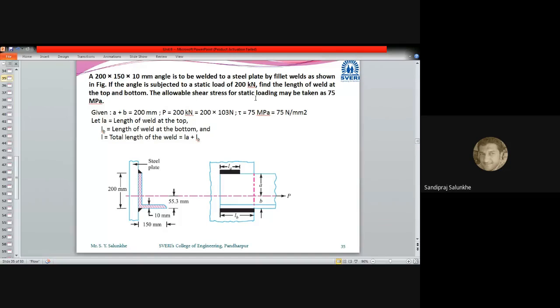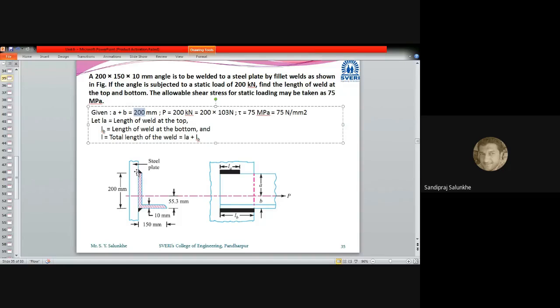The allowable shear stress for the static loading may be taken as 75 megapascal. That is, the allowable shear stress of that welding is 75 megapascal, and we just have to calculate what will be the length of that weld. Okay. Now here it has been given that A plus B, that is nothing but total width, is equal to 200 millimeter of that angle.